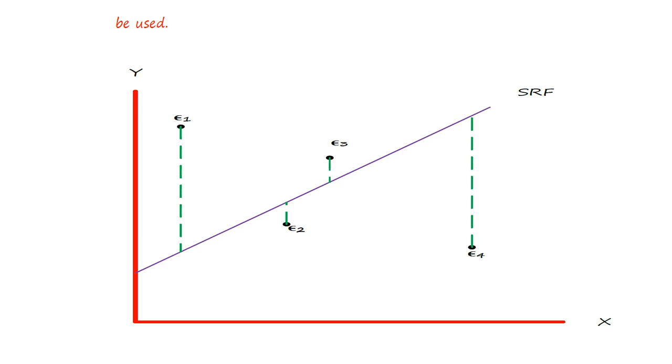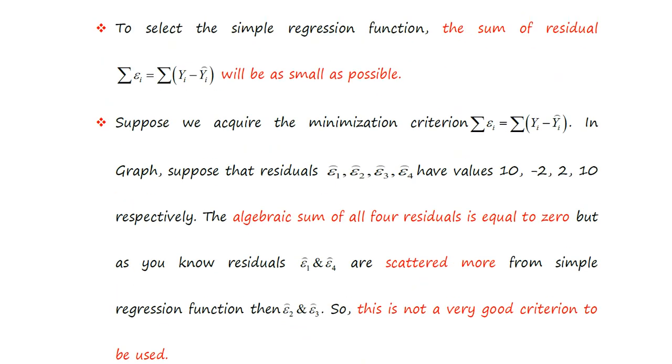In the graph, suppose here are the four residuals or error terms. This is the first, this is the second one, third and fourth. Suppose the first observation is represented by 10, this is minus 2, this is 2 and this is minus 10.